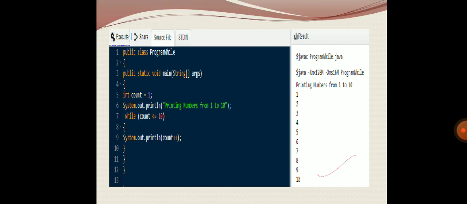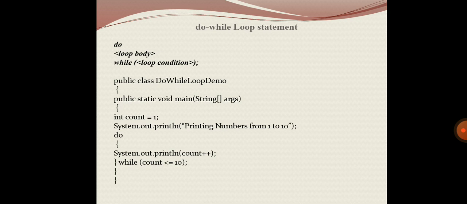Next, let us see the do while statement. This do while statement is similar to the while loop statement, except that the test condition is performed at the end of the loop. So this do while statement executes at least once without checking the condition.